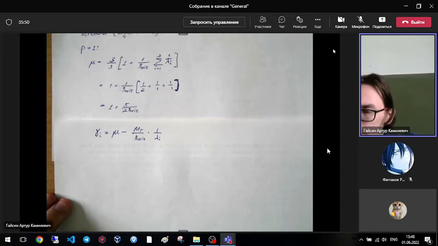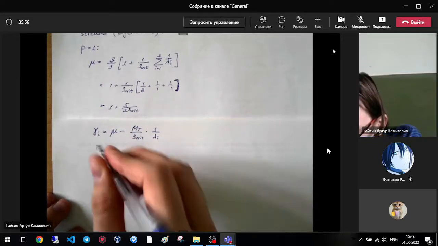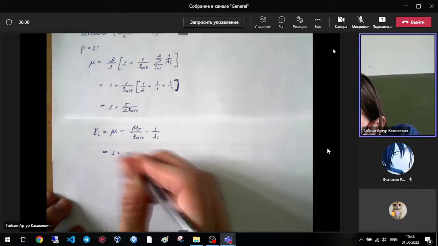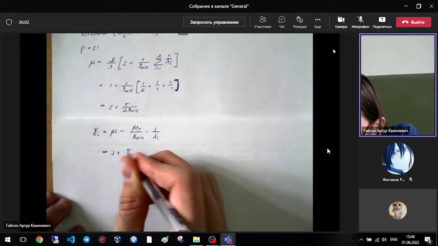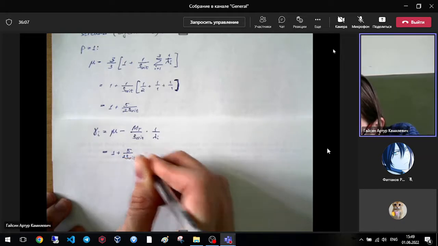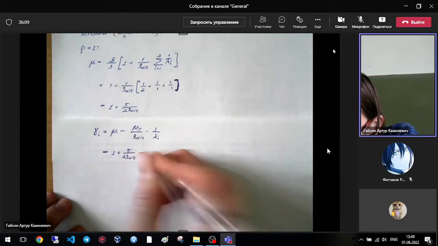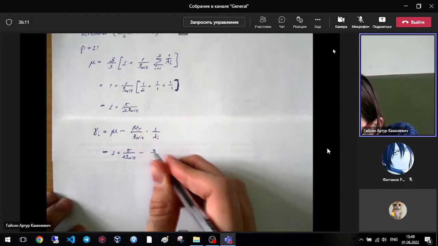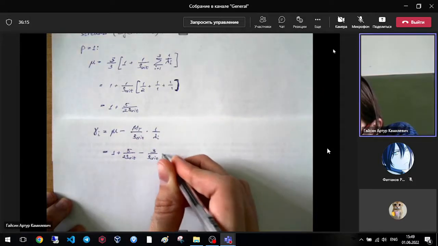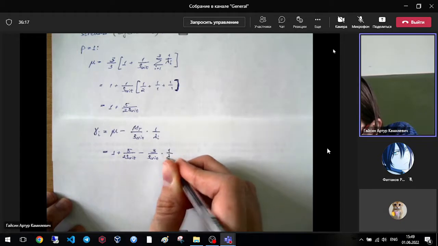Maybe let's write it in general formula first, in general case. So it is equal to 1 plus 5 divided by 2 rho critical minus 3 divided by rho critical, times 1 divided by lambda I.